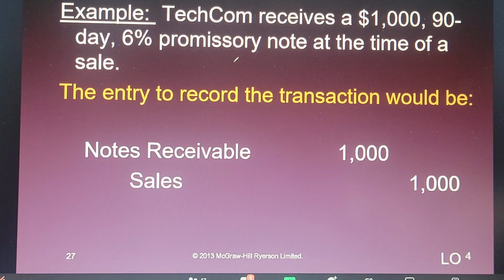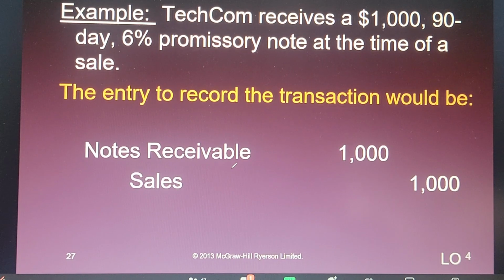When we said a note was written, promissory note was given. See here, it says a promissory note. Here it says receives. There we have written promissory note. That's notes payable. This is notes receivable. It's not accounts receivable. It's notes receivable.